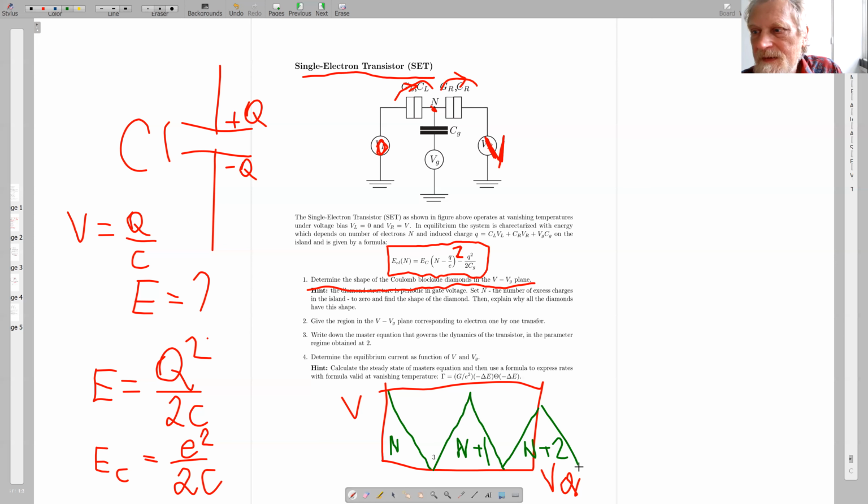Right. The next task is to give the region where electrons go one by one. I guess we looked at it in the lecture. It's just a region, a diamond, which is adjacent to two values of n, for instance, n and n plus 1.